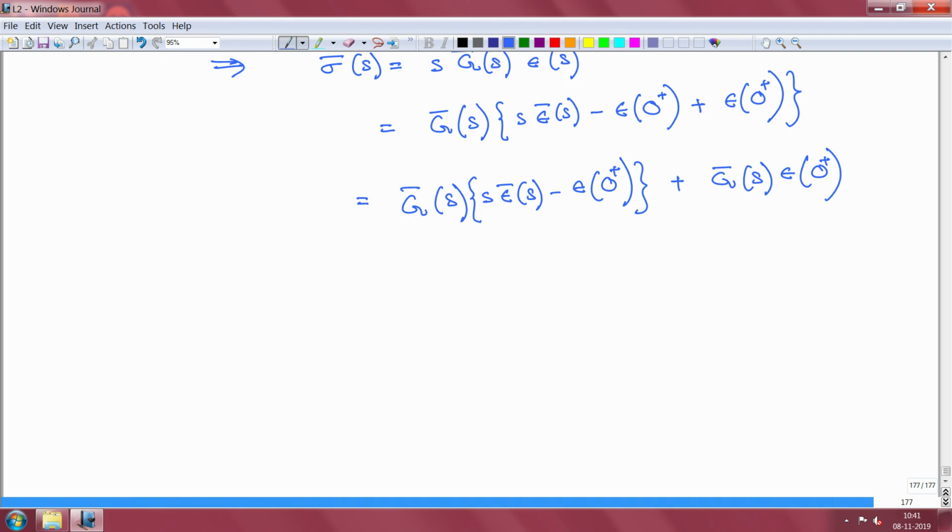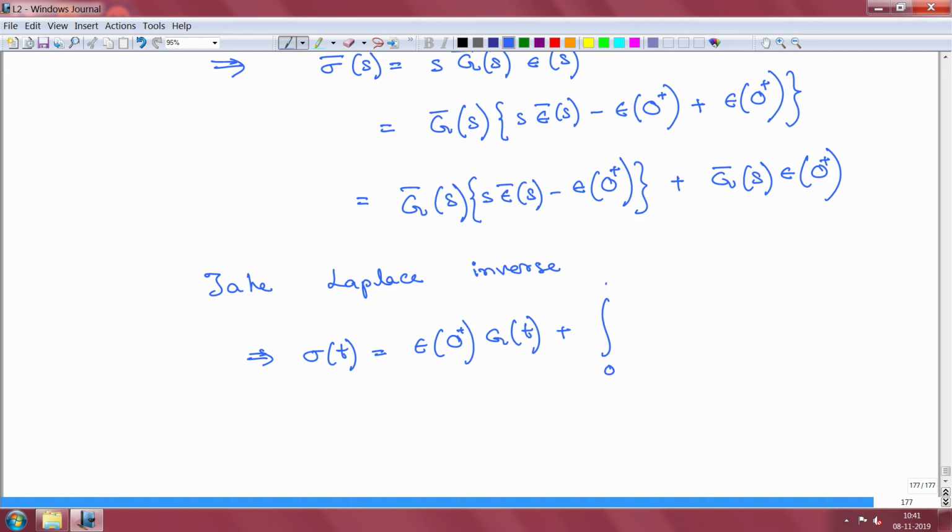And then when you take the Laplace inverse, you will end up with sigma t is equal to, and then here you have, okay.